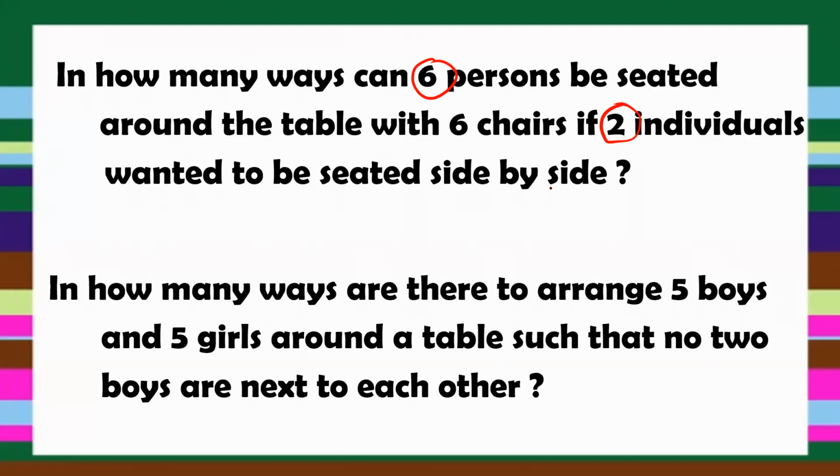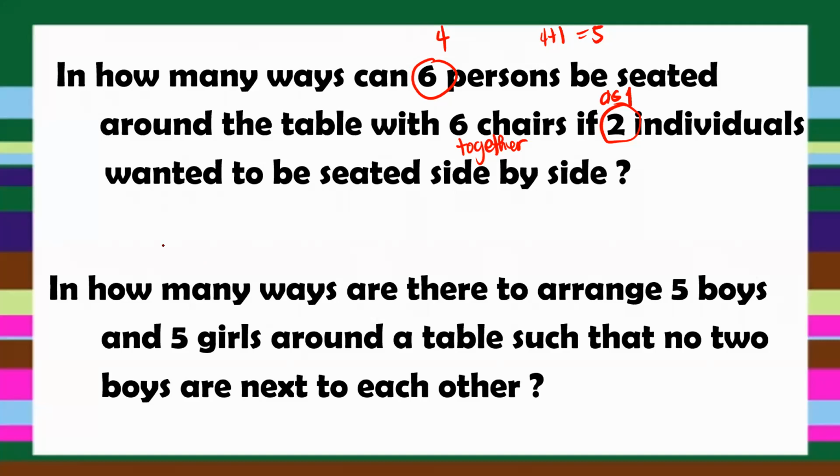Magkatabi. Pareho lang din yon. Okay? Together. Or side by side. Pareho lang. So we will count them as 1. So dito, ilan na lang yung natira? 4, right? Kasi yung dalawa as 1 na sila. So 4 plus 1 is 5.